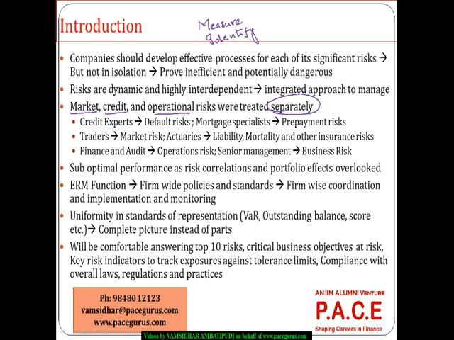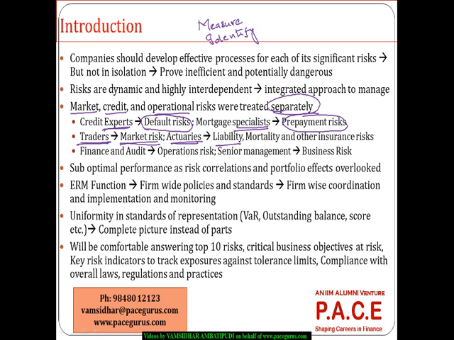Just for example, today every company has a few credit experts to handle default-related risks. Mortgage specialists are there to handle prepayment risk. So each area is becoming a specialty center. There's nothing wrong in having it, but communication between the departments is equally required. The traders take care of market risk.